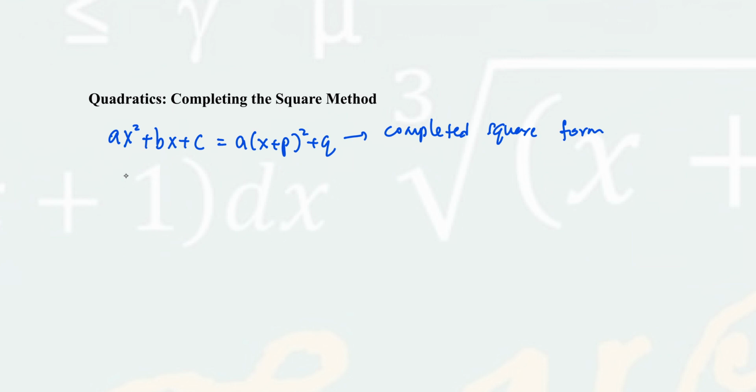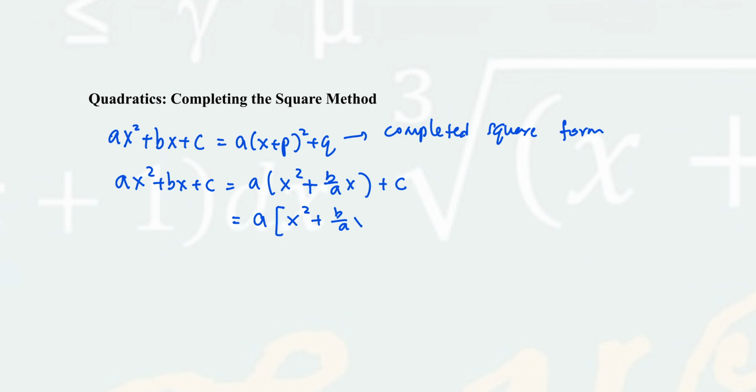Okay, so let's start. Basically ax squared plus bx plus c, firstly is to factorize the a. Then here it will be x squared plus b over a x. I will leave the plus c at the back. Then now rewrite the terms inside the bracket. It will be x squared plus b over a x.